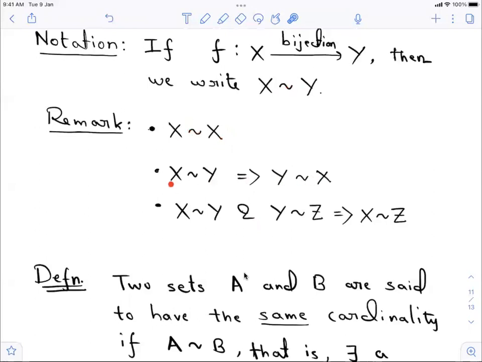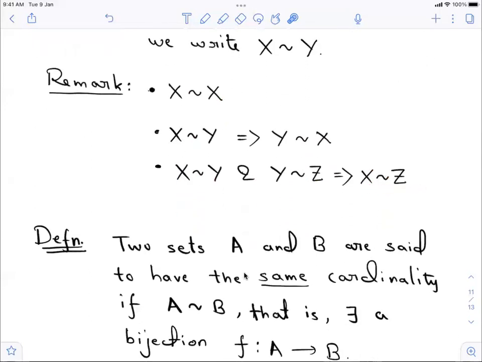Because if there is a bijection from X to Y, I can always find the inverse map, which is also a bijection from Y to X. If X is similar to Y and Y is similar to Z, then X is similar to Z. This follows from the composition of two bijective maps giving you a bijective map. X to Y there's a bijection, Y to Z there's a bijection. Compose those to get a map from X to Z, and we saw that the composition of two bijections is a bijection.